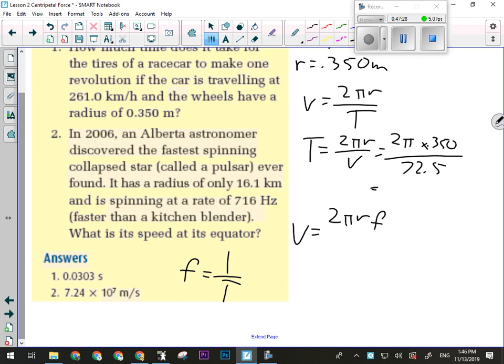This whole formula was already over t, so all I have to do is multiply by f. So I'm going to take 2 times pi times 16,100 meters. You got to convert it from kilometers to meters. Times 716. And when I do that, I'm going to get 7.24 times 10 to the 7 meters per second.